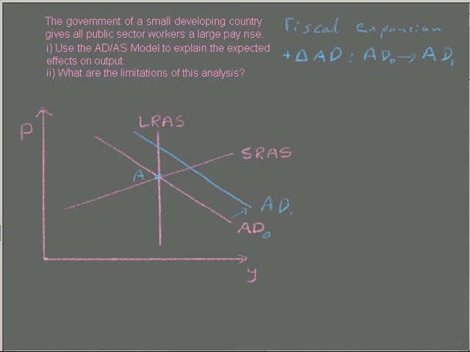But under sticky wages, the wages you pay your workers don't go up straight away, so it's more profitable to make stuff, and you produce more. So in the short run, when the price level goes up, it's worth producing a bit more.